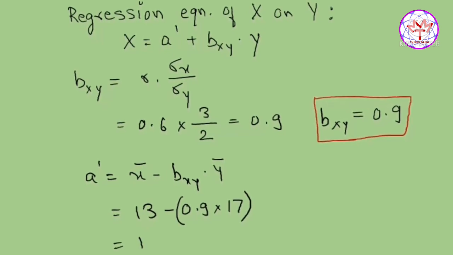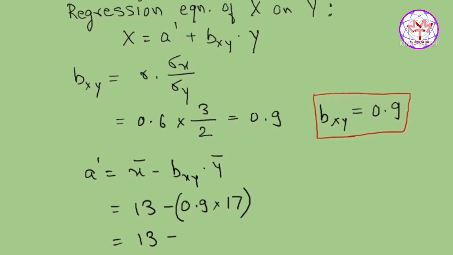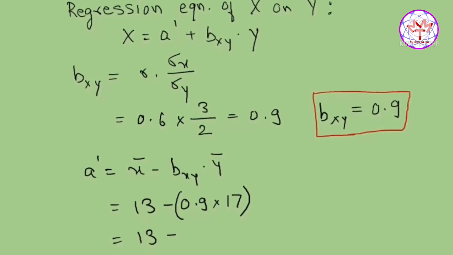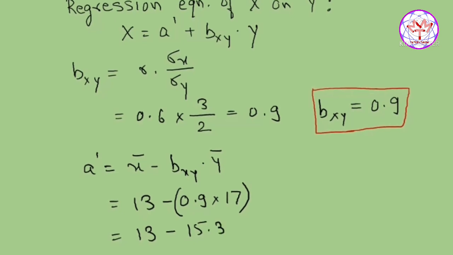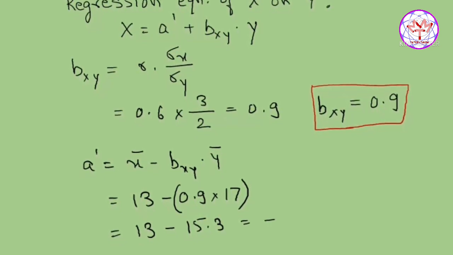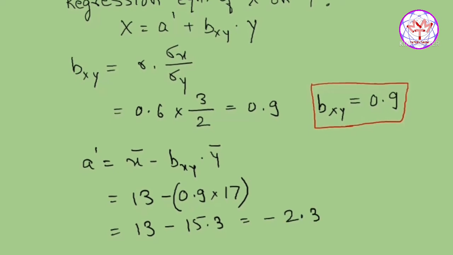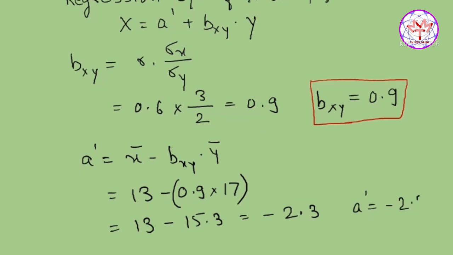So that is equal to 13 minus 17 nines are 153, and you have to put the decimal point after one place. So we get 15.3. So 13 minus 15.3 is minus 2.3. So your a dash is minus 2.3.